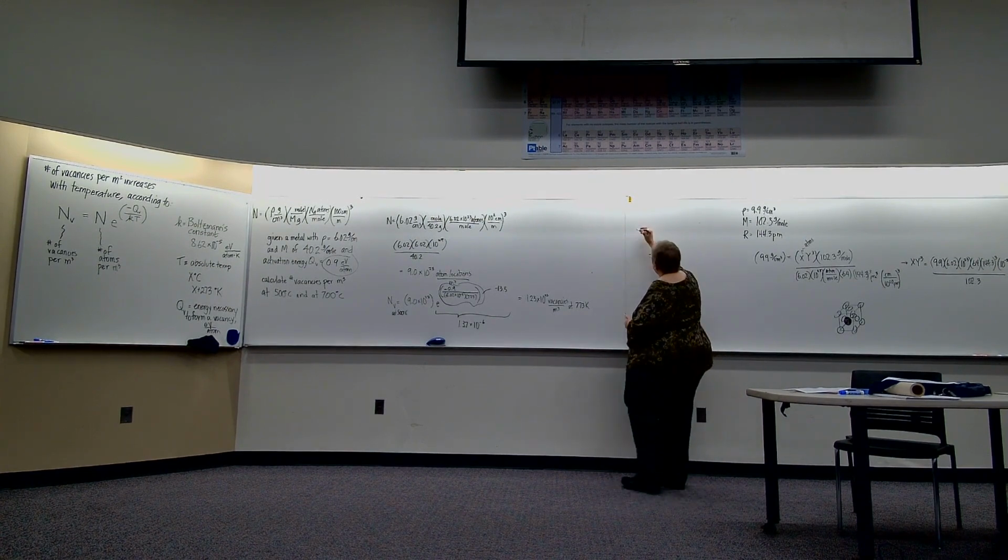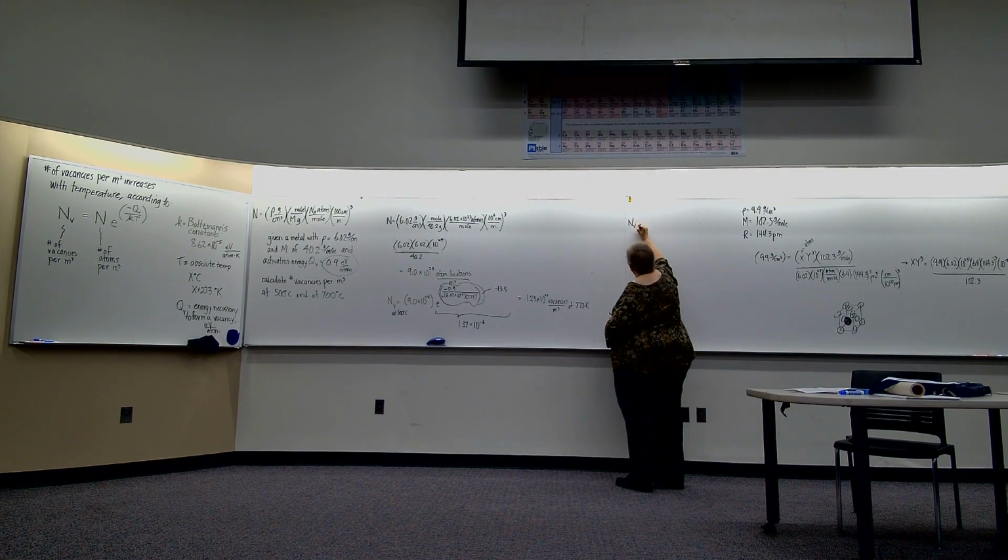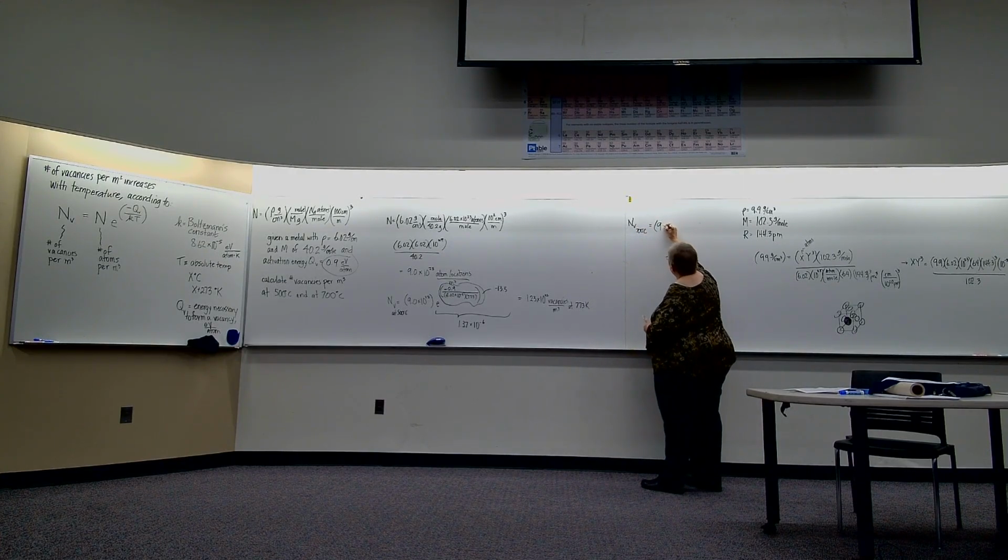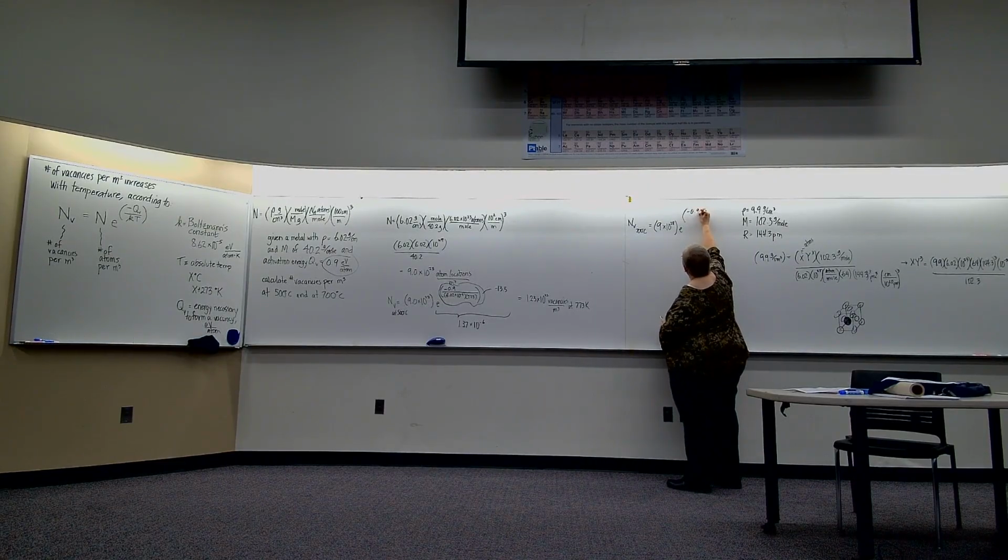So N sub V at 700 C: 9 times 10 to the 28, e to the minus 0.9 over 8.62 times 10 to the minus 5 times 973.